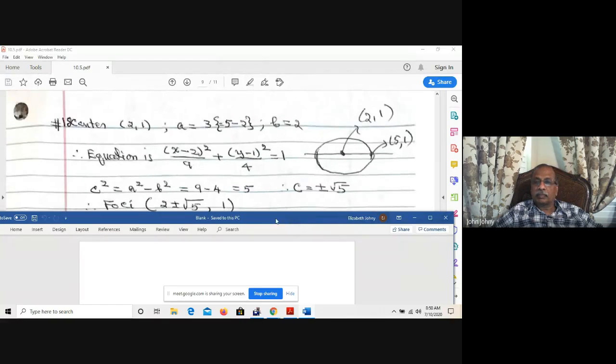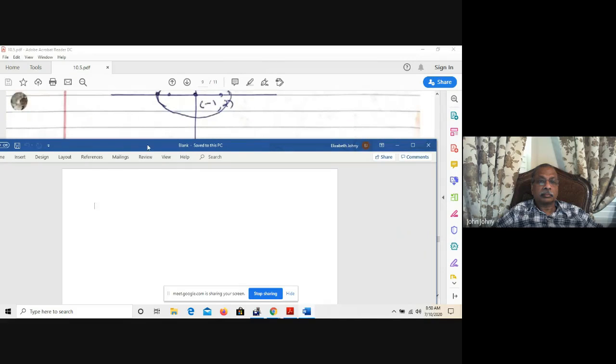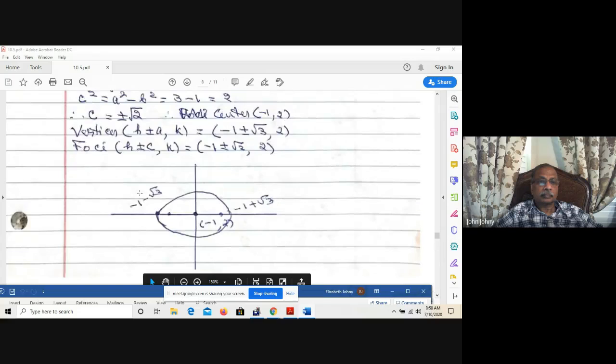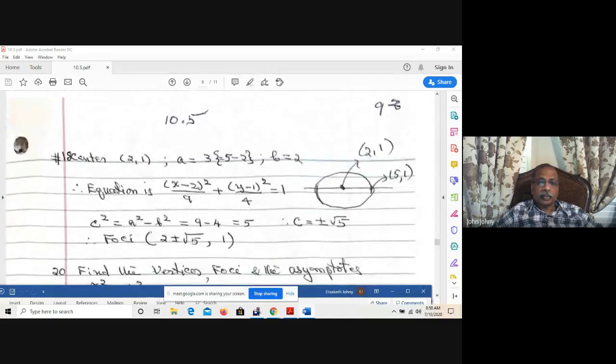Next, number 18. Center is 2, 1. A is equal to 3.